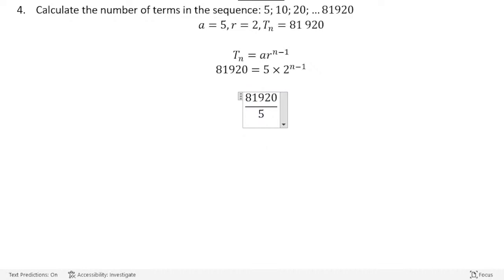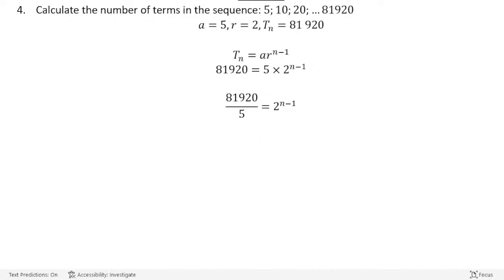You can press that in your calculator. 81,920 divided by 5 is equal to 2 to the power n minus 1, right?